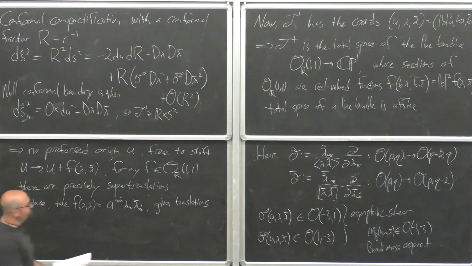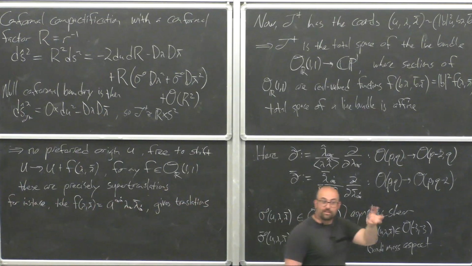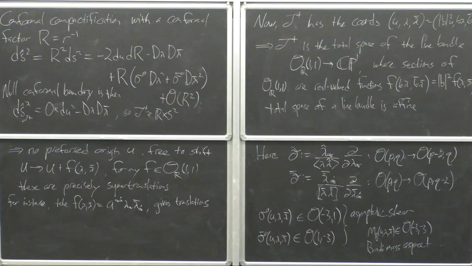So the symmetry group that we recover for scri in this picture is these shifts of the origin, which we're allowed to do because it's an affine space, semi-direct product Möbius transformations on the spherical base of the fibration. So that's the semi-direct product of supertranslations with SL2, that's BMS.